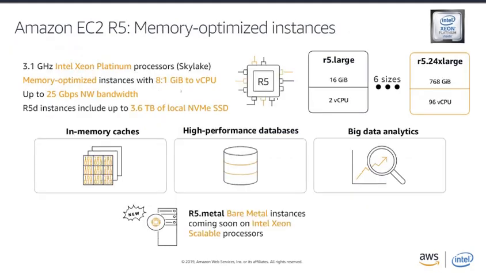R5 instances are the most common instance for serious production database workloads, with a good ratio of 8 gigabytes of RAM for each vCPU, and sizes that start from 2 vCPUs and 16 gigabytes of RAM all the way up to 96 vCPUs with 768 gigabytes of RAM. The Intel CPUs run at 3.1 gigahertz and are therefore cheaper than the Z1D instance that has CPUs running at 4 gigahertz.